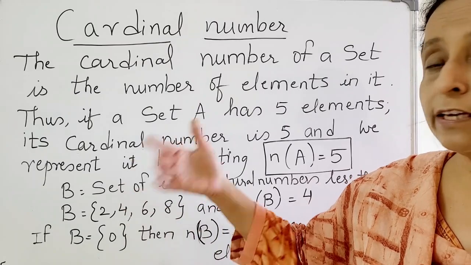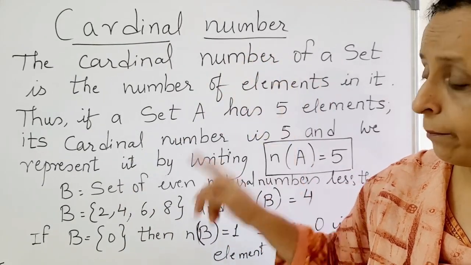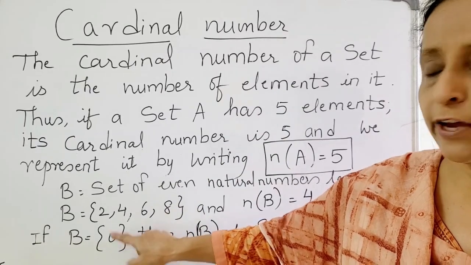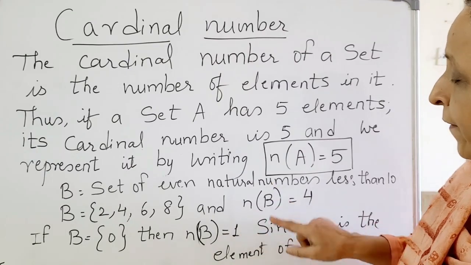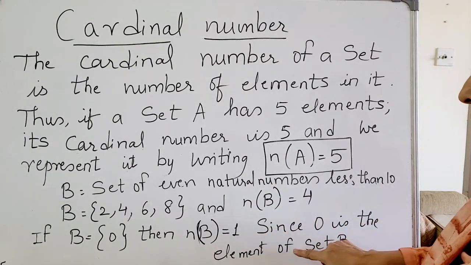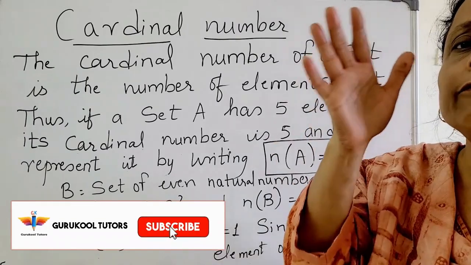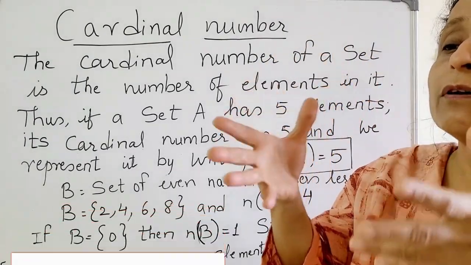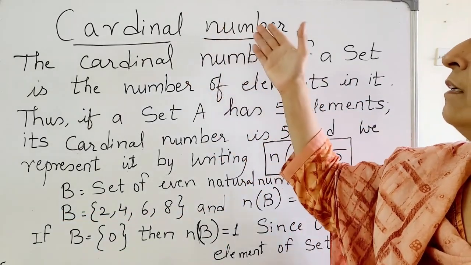You cannot say there is no cardinal number, 0 cardinal number, no. Here, one element is there. So you write number of elements in B is equal to 1, since 0 is the element of set B. So you just have to see how many elements are present. That is the cardinal number.